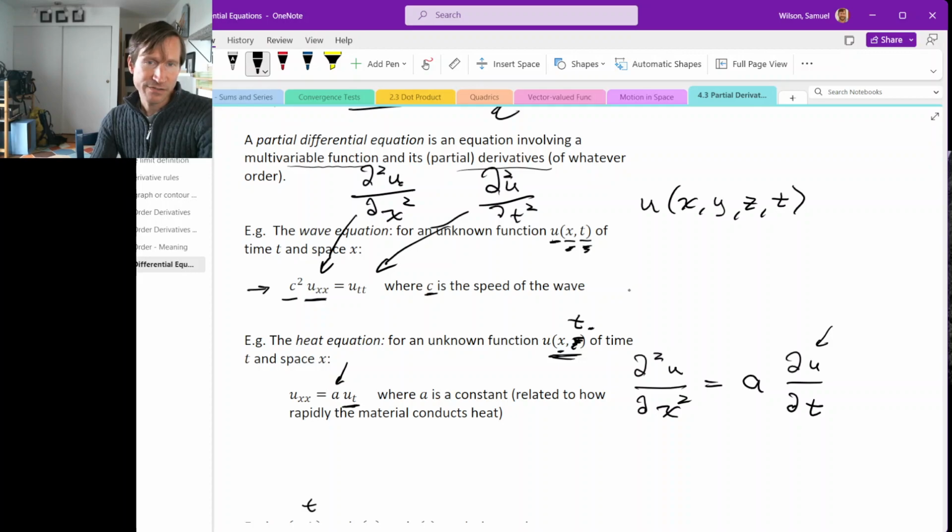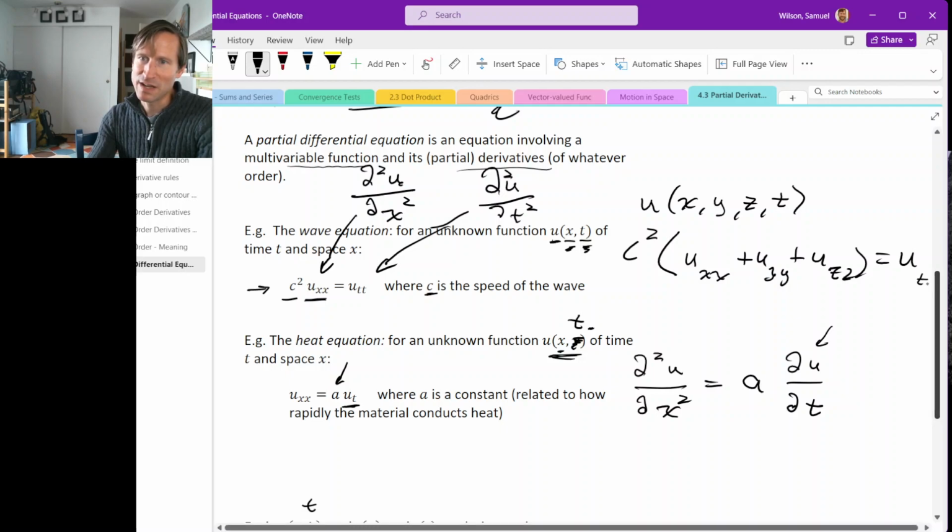Both of these equations look very similar. The only difference is you have one second derivative term for each space variable. So for the wave equation, for example, with three space variables, it's c squared times u_xx plus u_yy plus u_zz equals u_tt. Okay, and then a similar thing for the heat equation.